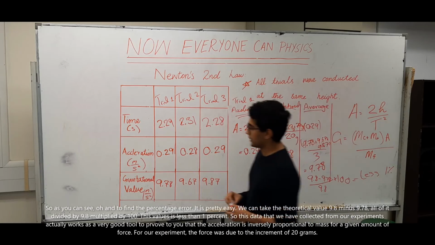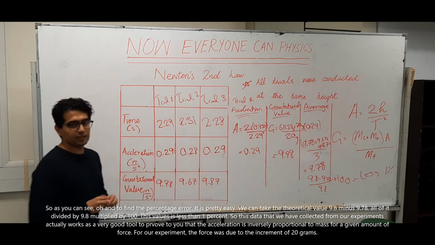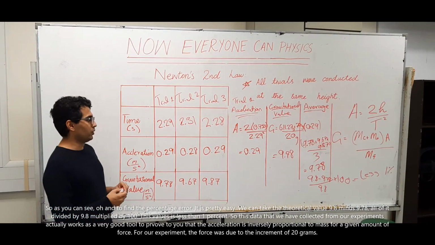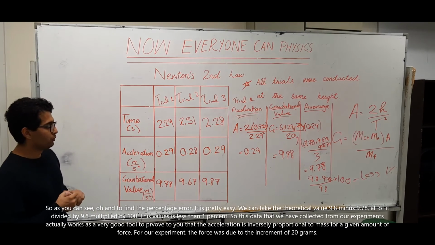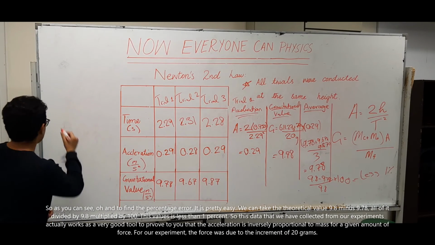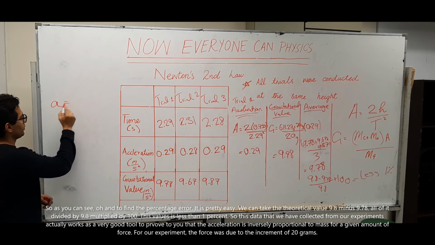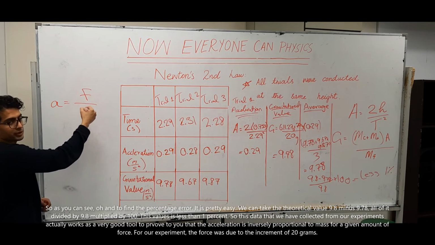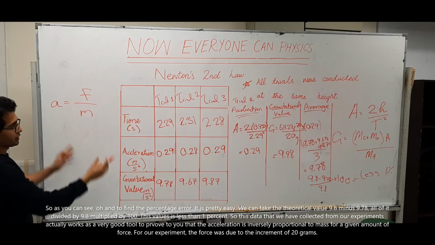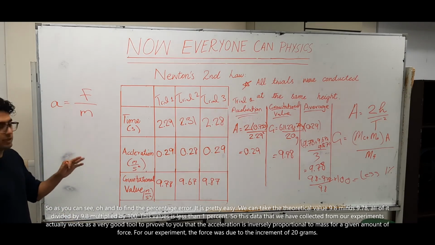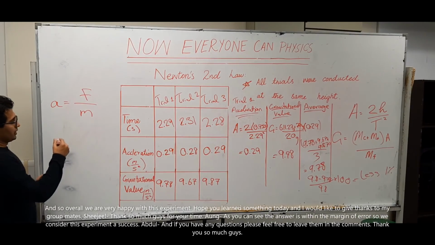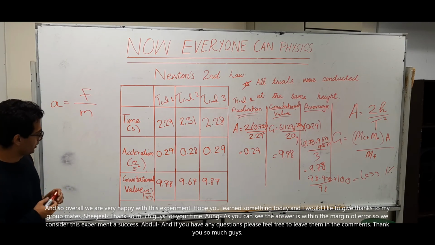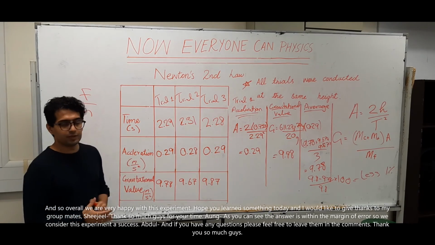So the data that we have collected in our experiment actually works as a really good tool to prove to you that the acceleration is inversely proportional to mass for a given amount of force. The given amount of force for our experiment was given by the increment of 20 grams. And so overall, we're very happy with this experiment.